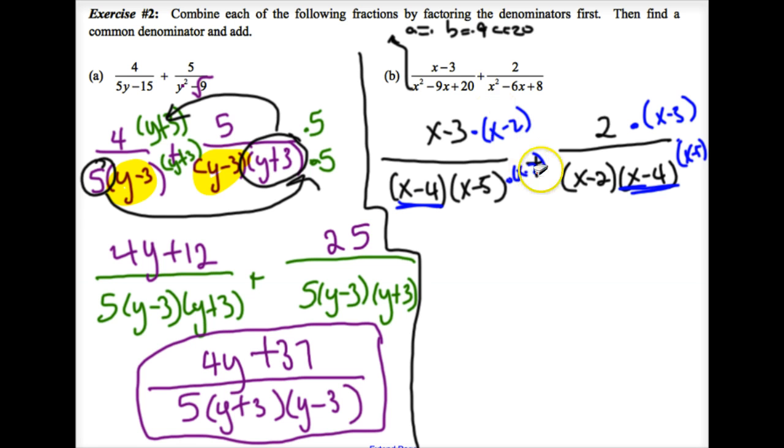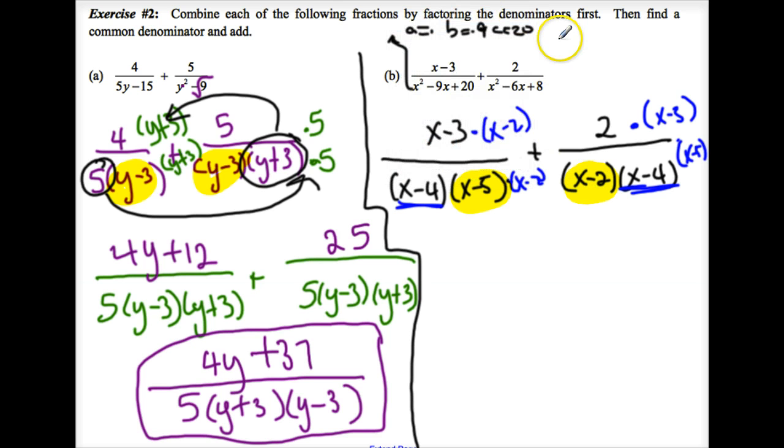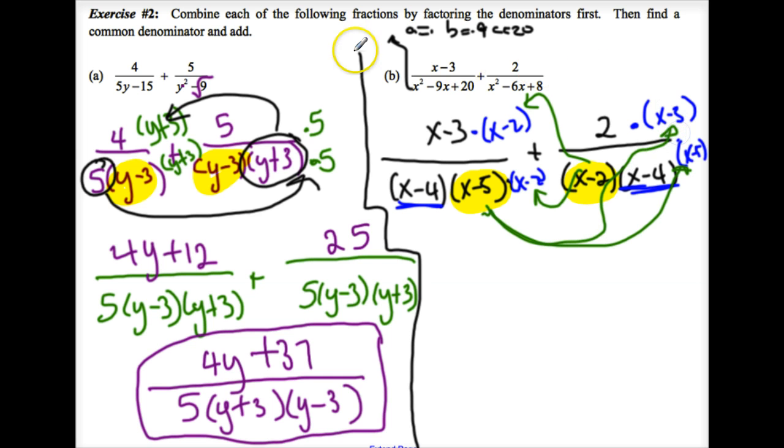Let's just make this a little clearer. This is X minus 2. So again, this is what's left over on this side, and this is what's left over from this side. So this is where I am going ahead and take these over this side to make them equal, and then this 5 goes over here, and it comes up there as well.